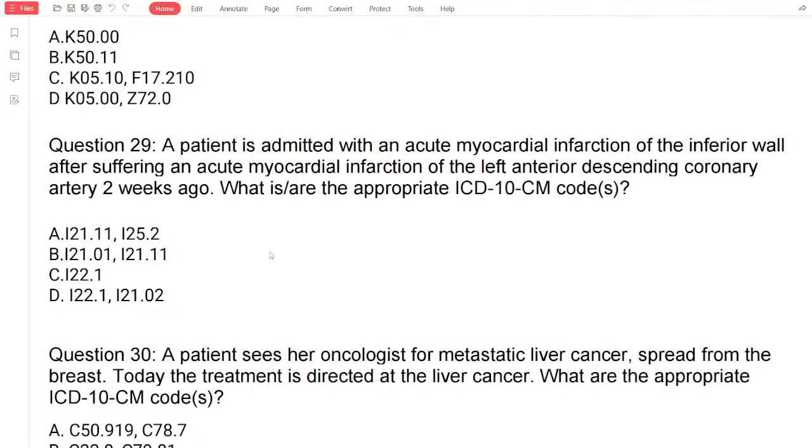Let's check the 29th one. A patient is admitted with an acute myocardial infarction of the inferior wall after suffering an acute myocardial infarction of the left anterior descending coronary artery 2 weeks ago. What is the appropriate ICD code?